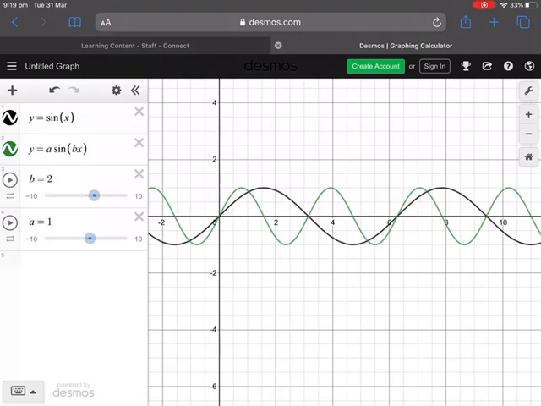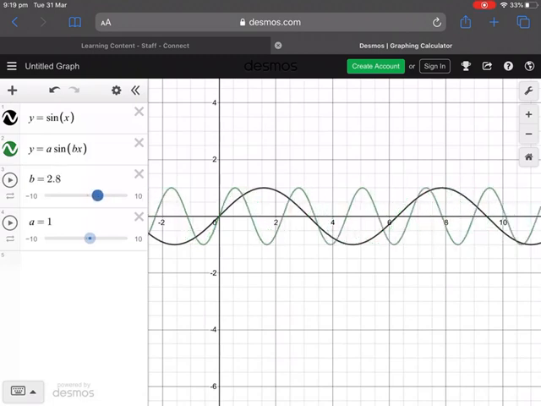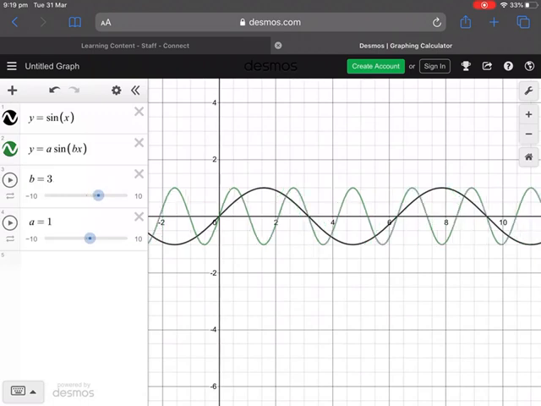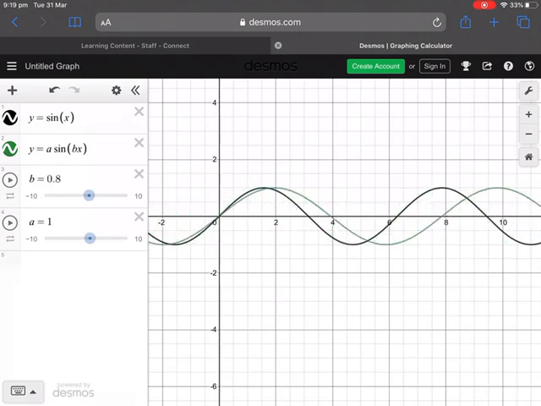So as the variable b increases, more cycles of the graph are completed in the same interval it took to complete 1 cycle of our original function, which was y is equal to sine of x. Let me put that back to 1.